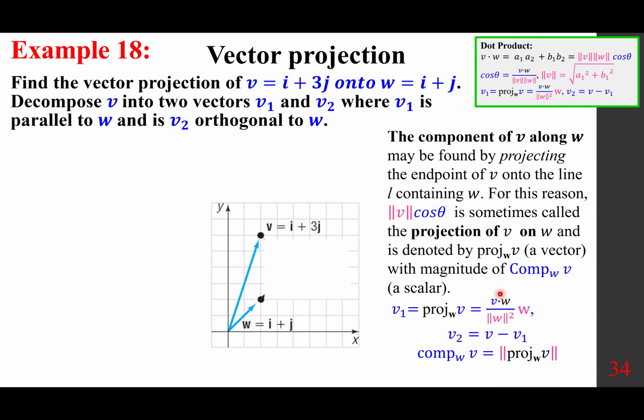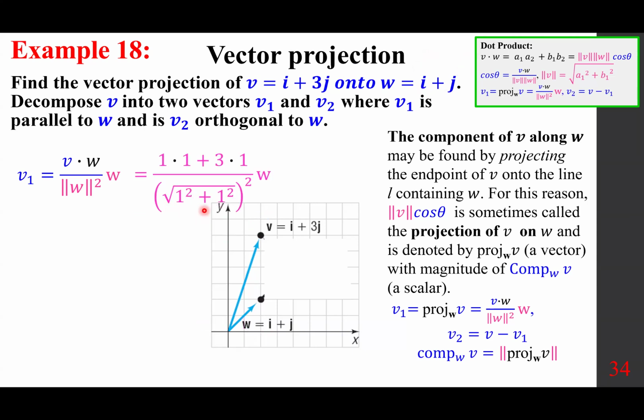V1 is this. So what is the dot product of V and W? This is 1 times 1 plus 3 times 1. And this one is 1 squared plus 1 squared under the radical, squared.